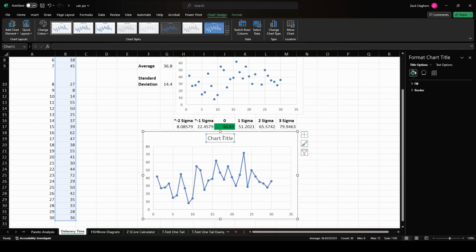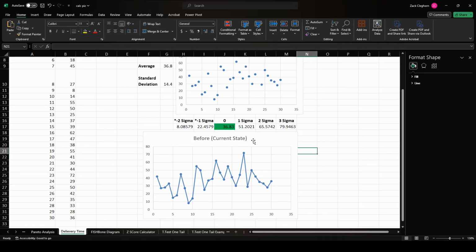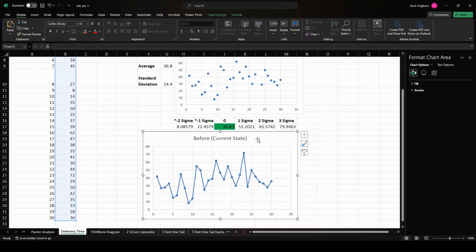So you can see the before, or we can also call it the current state of the operation. You can just call it current state. That's going to be an easier way to say it. So you have your current state of your operation. This is what we're operating at.